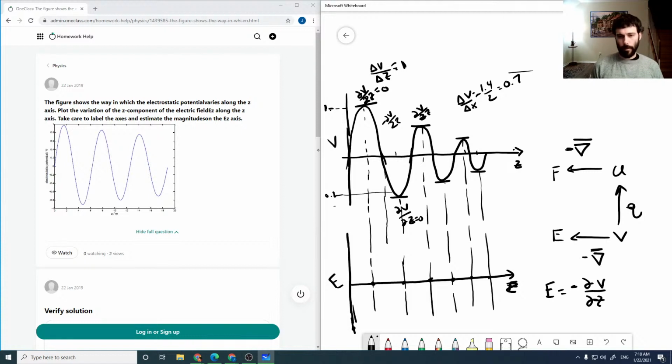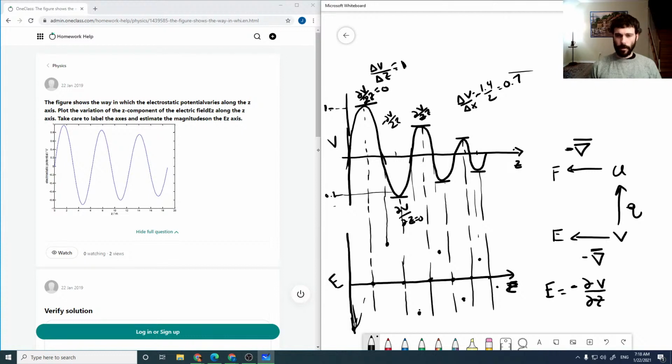So my E field will be maximally negative here, fairly maximally negative, positive there, negative here, a little bit reduced, positive here, a little bit reduced, negative here, a bit reduced, and here will be a bit positive and negative.